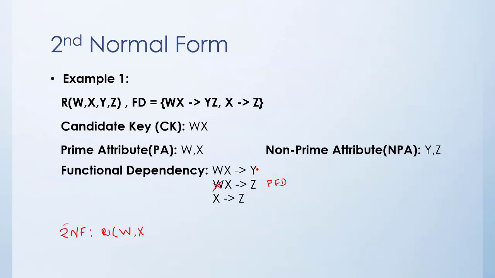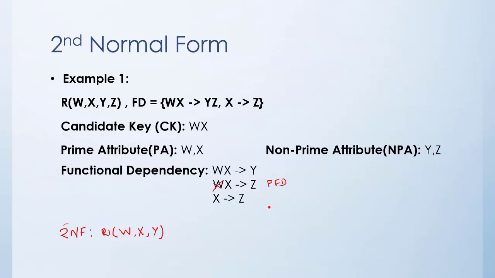Now, if we get W and X, we can get Y also, as it does not violate my condition of 2NF, that is WX determines Y. Y is fully functionally dependent on WX, so we can include Y over here, but we cannot include Z, because WX determines Z will violate my condition of 2NF.